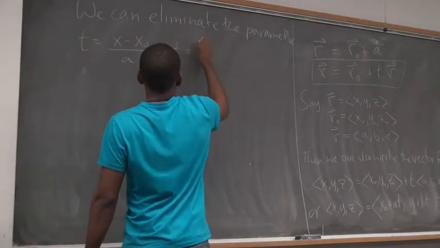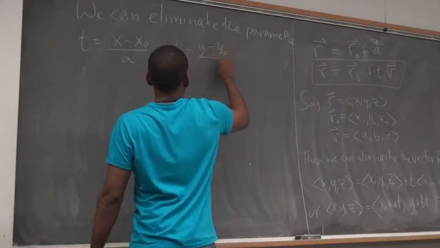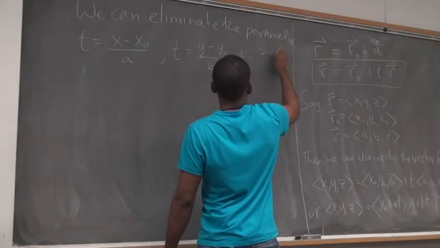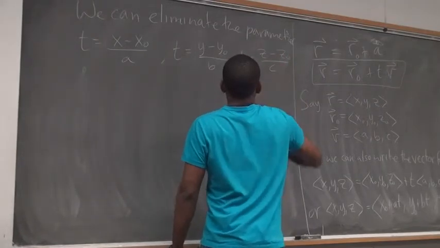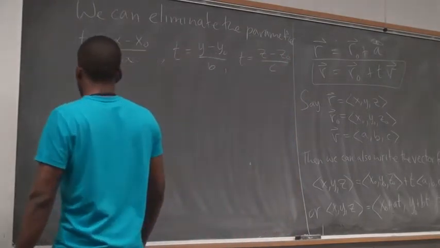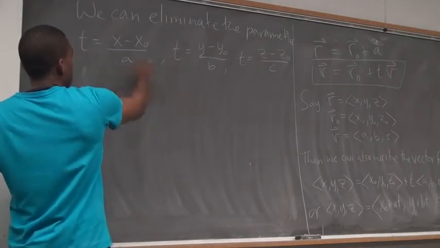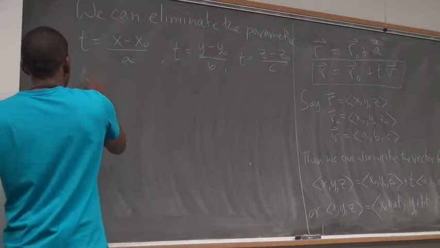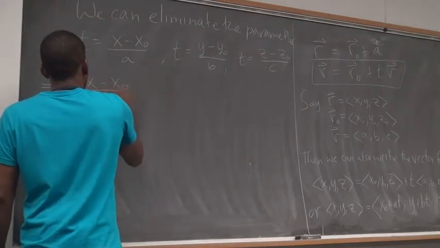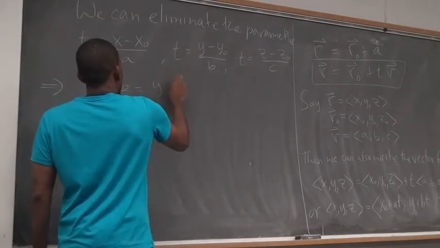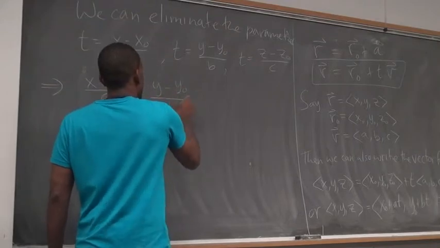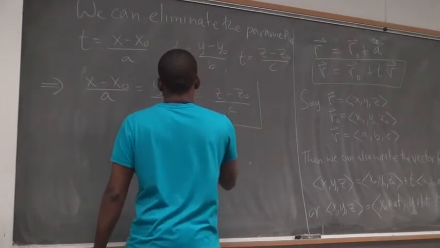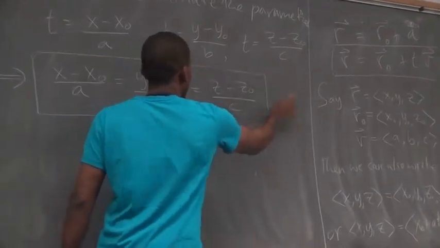Also, t would be y minus y0 over b. In the third equation, t would be z minus z0 over c. But if t is equal to each of those, then they're all equal to each other. So I can just write this. That's another form for the equation of a line.